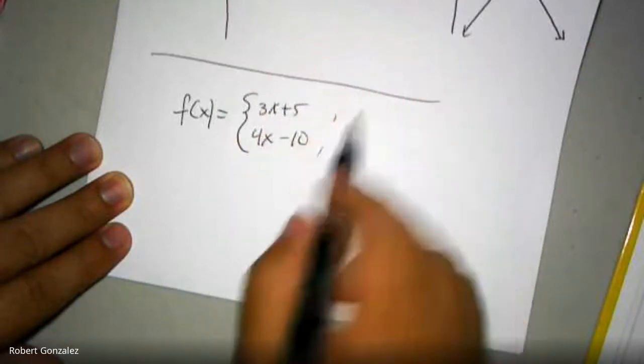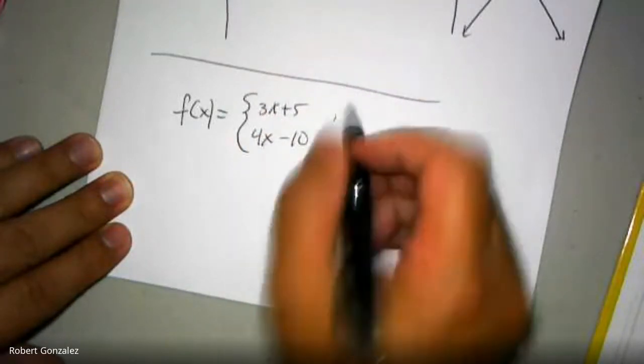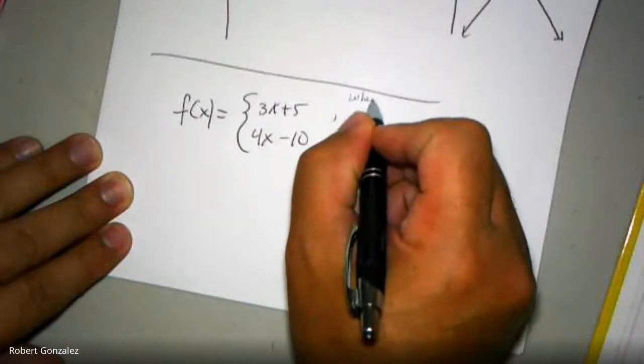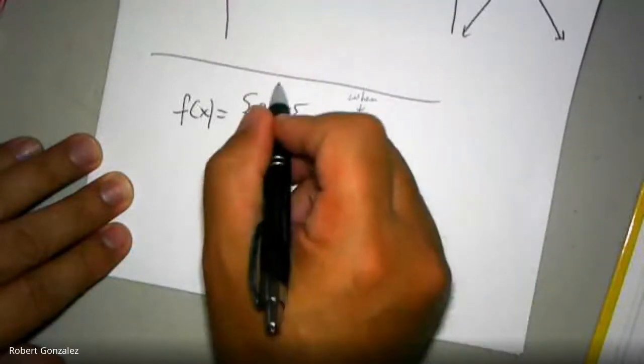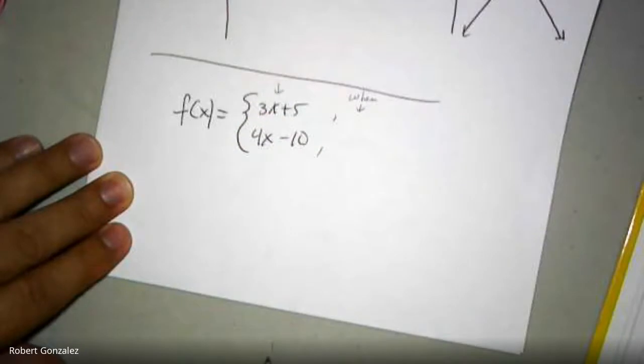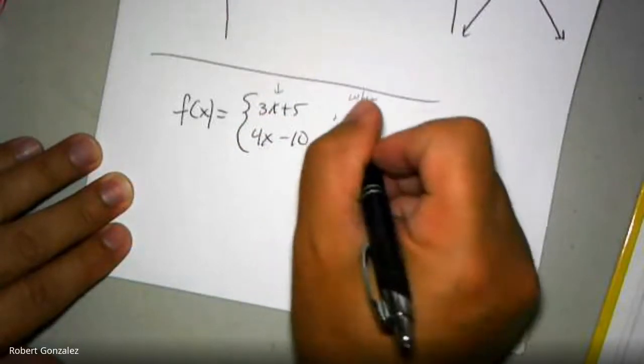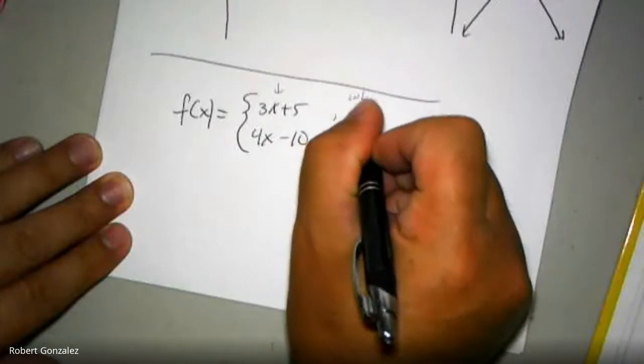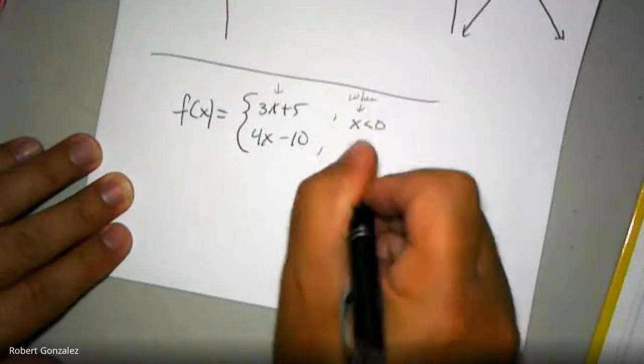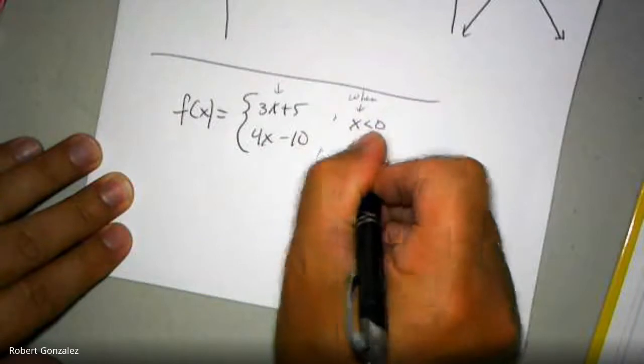And over here is the when. This is the when. This is the how much, the y. So the when is going to be our domain. Let's say it's going to be this when x is less than 0, and it's going to be this when x is greater than or equal to 0.